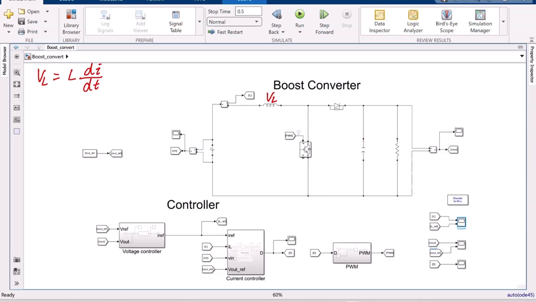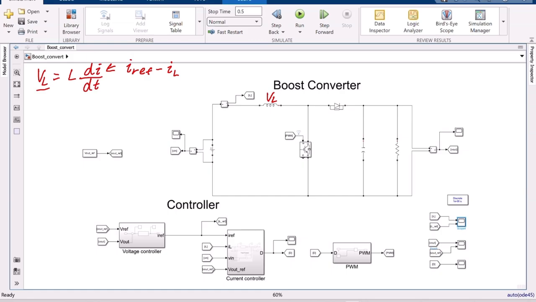And if you think about it, we can make the desired change of current that we want. So the change of current could be the reference current minus the actual current. Therefore, we can calculate the voltage that we want such that we get the current that we want, if that makes sense.